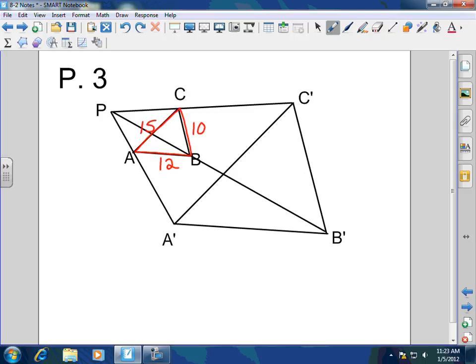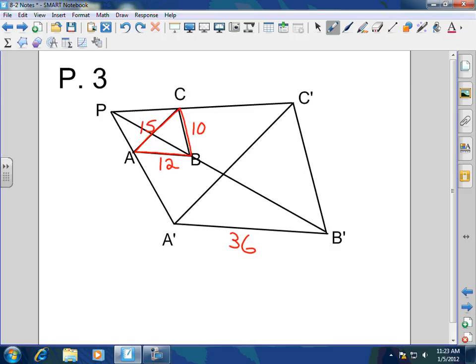If they are telling you that they are dilated, they're getting larger, okay, they have a dilation ratio of 3 to 1. So if I have a dilation ratio of 3 to 1, what would A prime, B prime be? 36.